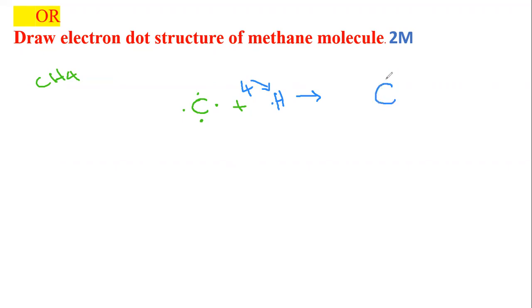So this carbon is sharing its unpaired valence electrons with the 4 hydrogens. One electron of one hydrogen, another electron of another hydrogen, and this is the hydrogen, this is the hydrogen.